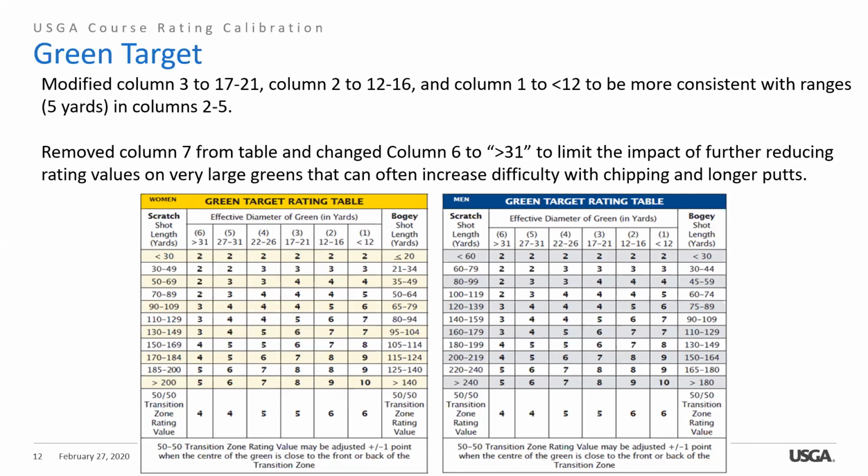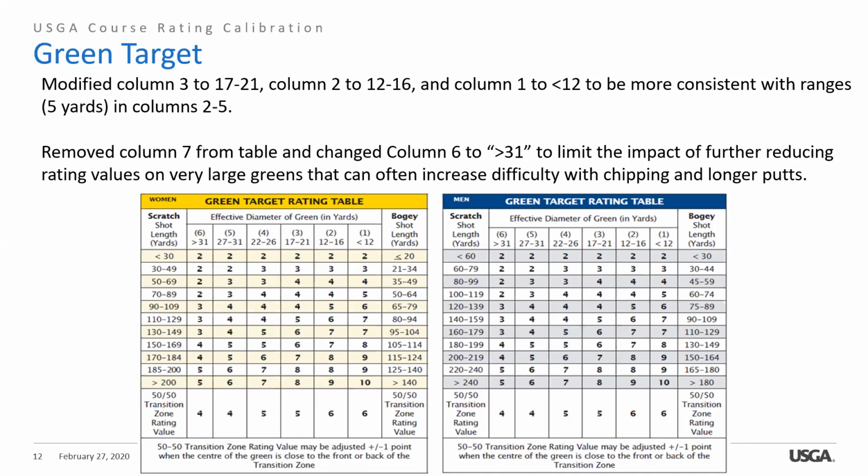The other thing, while I'm thinking about it: what do these changes mean for courses that have already been rated? We won't re-rate any golf courses because of these changes.